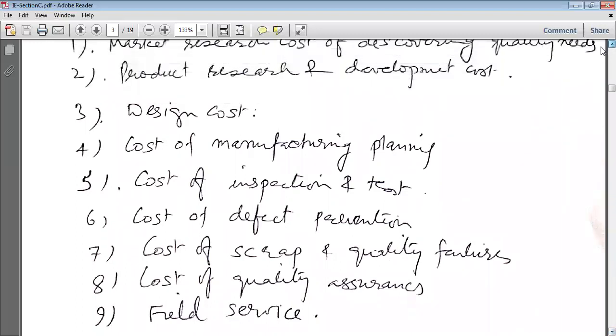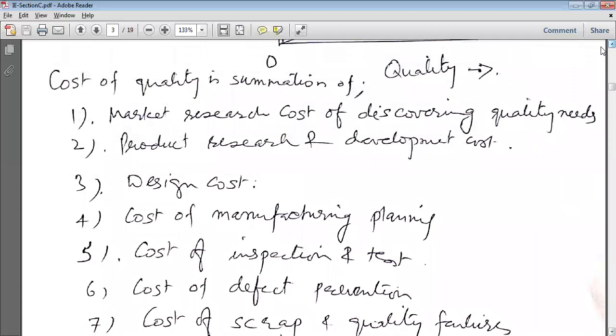From the starting, we discuss market research, the cost of discovering quality needs. Say we have to launch an automobile. For that, first of all, we have to study the market condition. We have to research the market: what the people want, how they want their car to be, and what features they want.